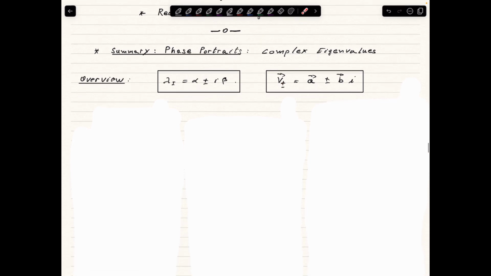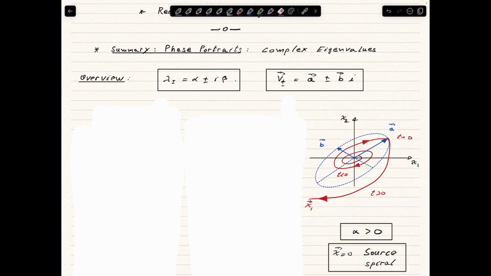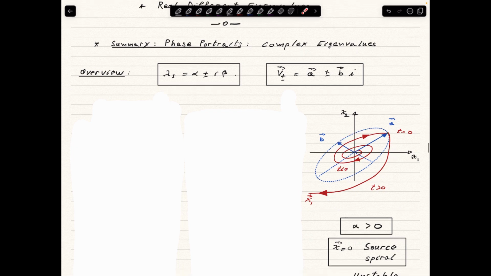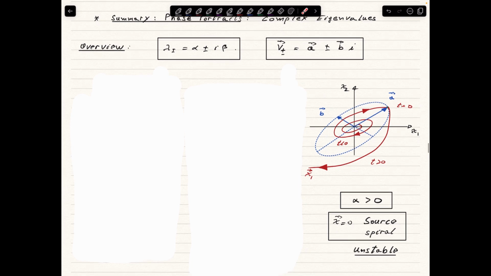Then we have three possibilities for the graph. The first possibility is alpha bigger than 0. We call this type of graph a source spiral because the solution is coming from the center to outside. It is called unstable. We are going to see that in a minute, why.